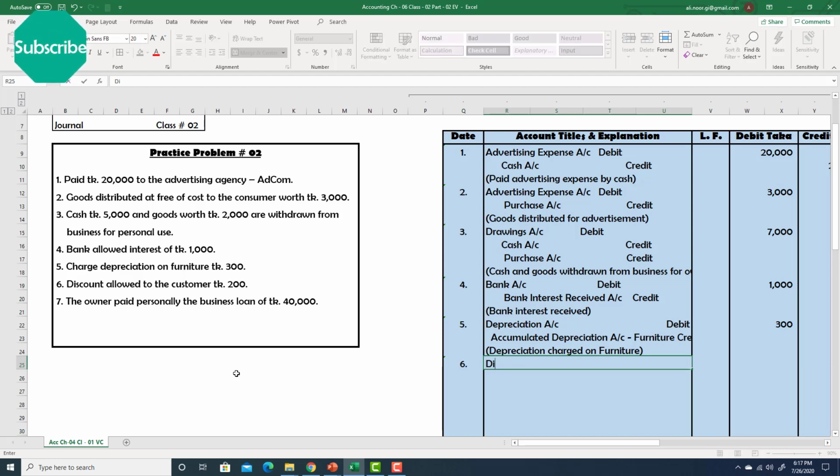So right here, discount allowed account, debit, and debtors account, credit.